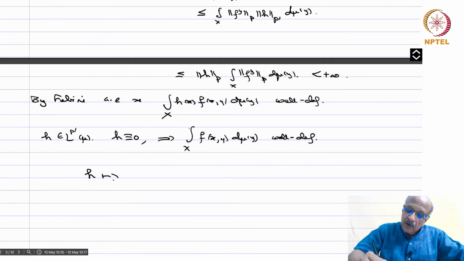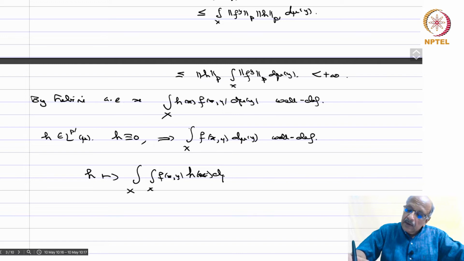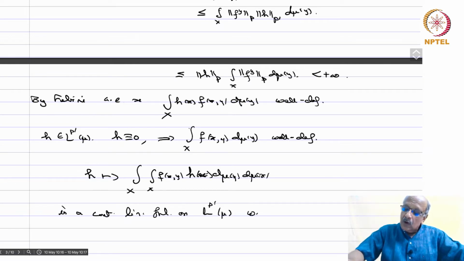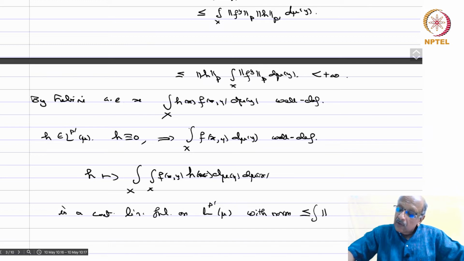Also h going to integral of f(x,y) h(x) d mu(y) d mu(x) is a continuous linear functional on L^p dash(mu) with norm less than or equal to integral over X of norm f_y_p d mu(y).